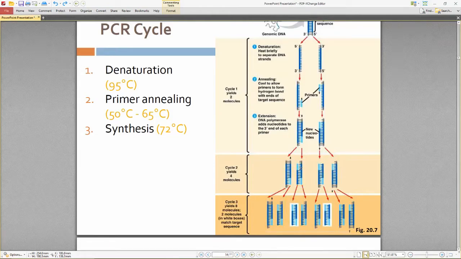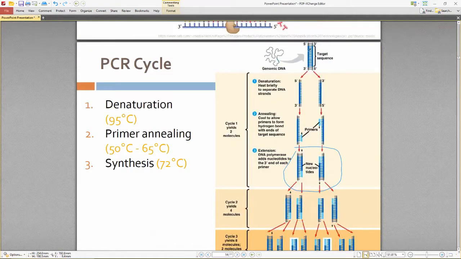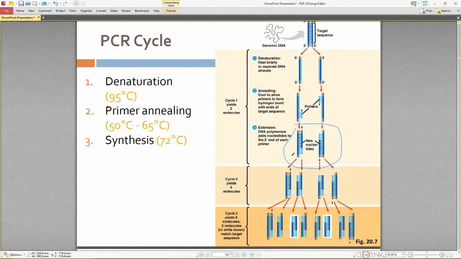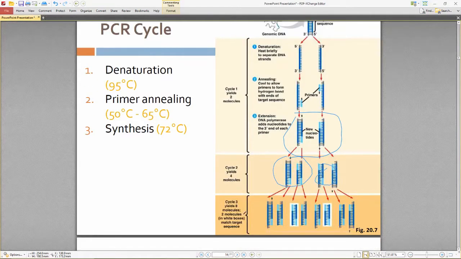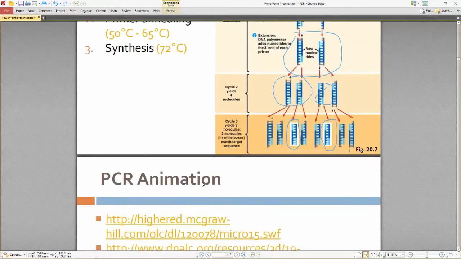If you look here, after one cycle of PCR, you go from this target sequence to these two, then after the next cycle you have 4 molecules, and then after the third, you have 8 molecules. The white ones are important because the white ones are what we want. I'll talk about this a little more in a second.